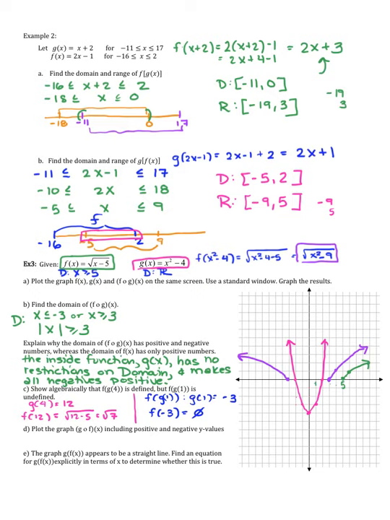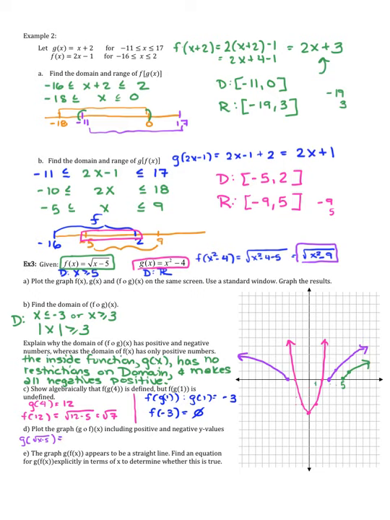All right. If I were to plot the graph of g of f of x, let's see what that looks like, including positive and negative y values. All right, so let's choose a color. I sure didn't give a lot of room here, did I? So we're doing g of square root of x minus 5.